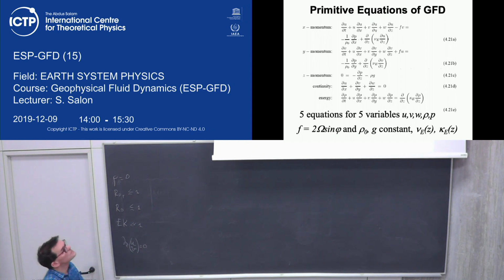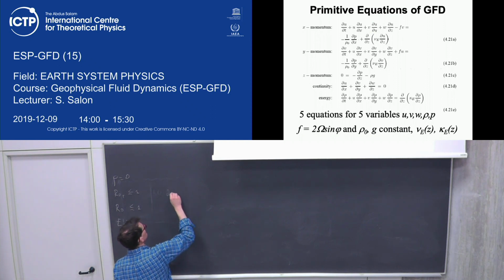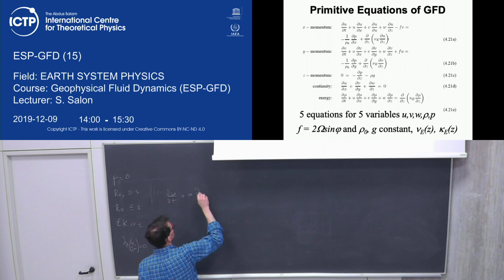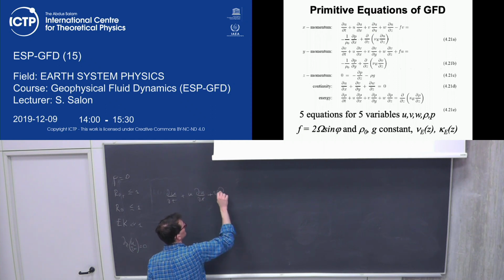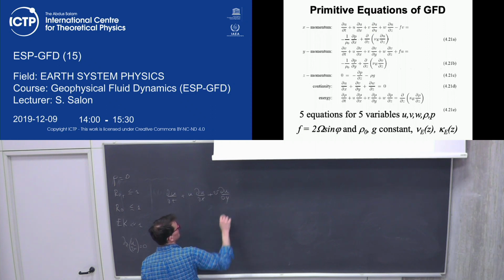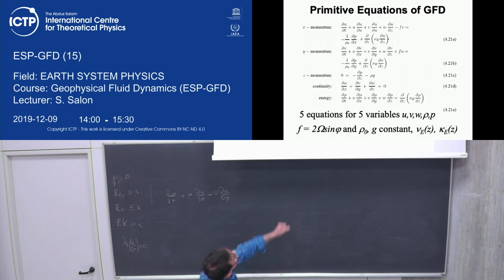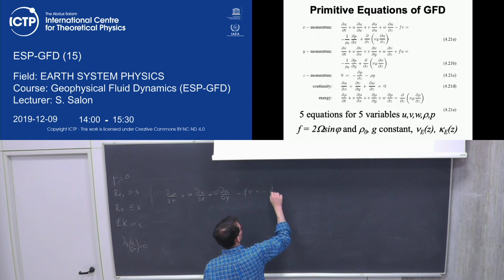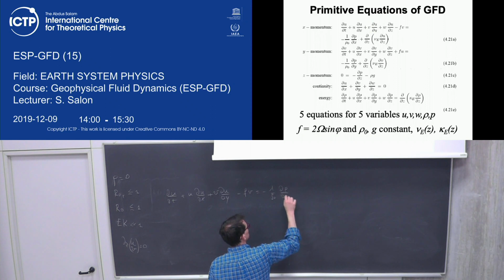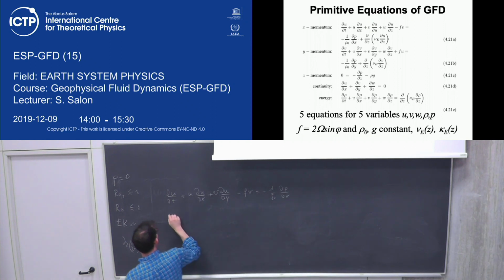Okay? So we will have du dt plus u du dx plus v du dy. We don't have du dz because of this one. Minus fv equal minus 1 over rho 0 dp dx.